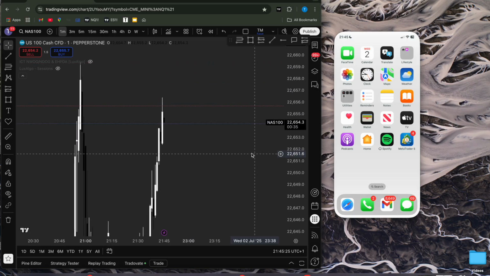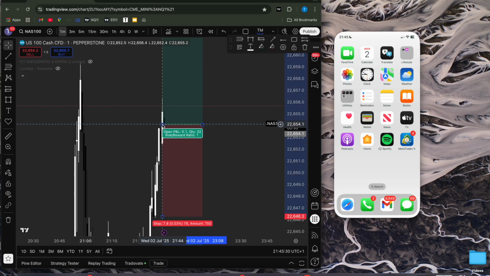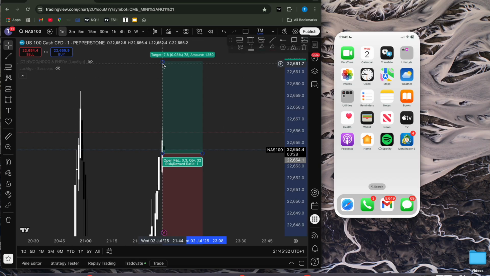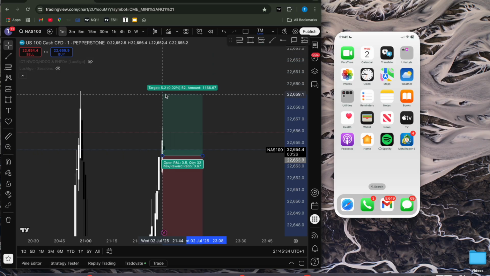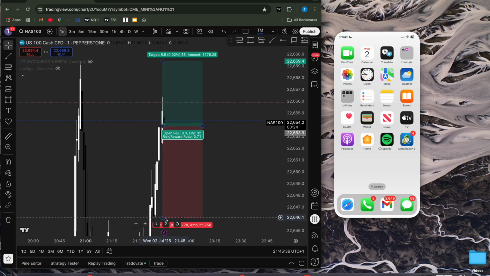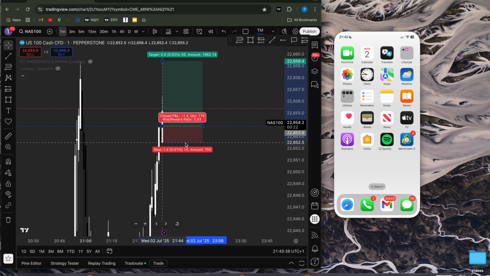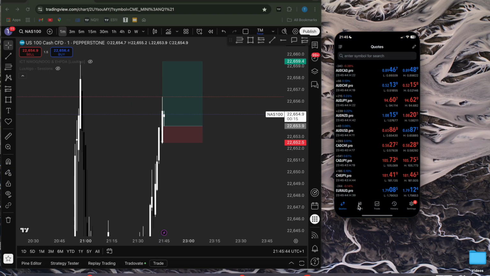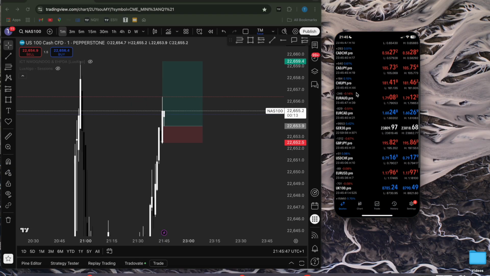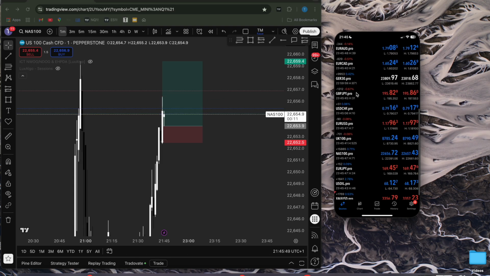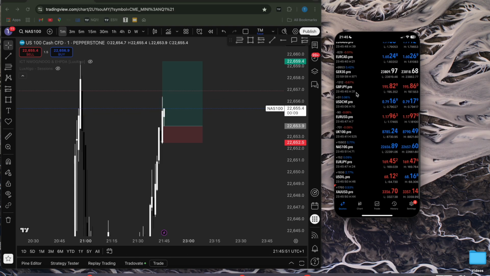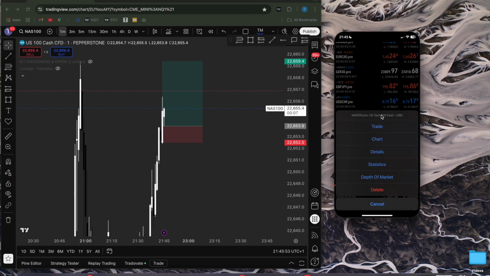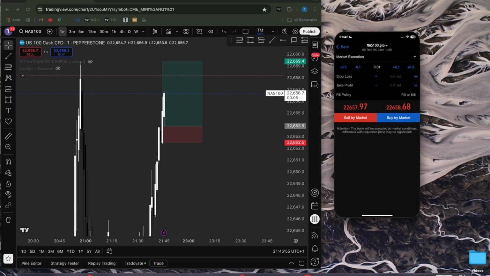Let's say I wanted to enter a buy position on NAS or any forex pair or on gold. I'd load up MetaTrader, and these are all of your pairs here. So let's find NAS.